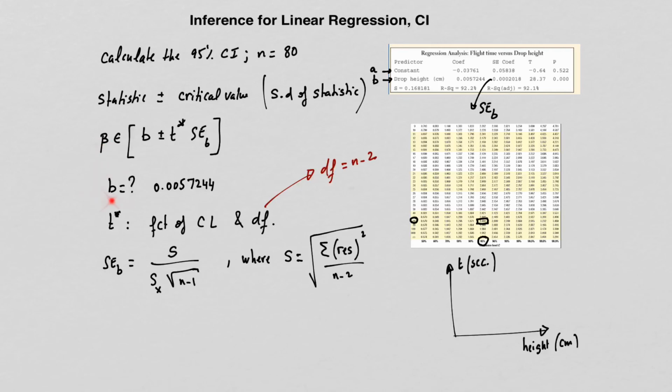How are these slopes varying from the true slope? On average, they vary by this much. That's what that means. Make sure you understand how to interpret the standard error for my statistic called B.